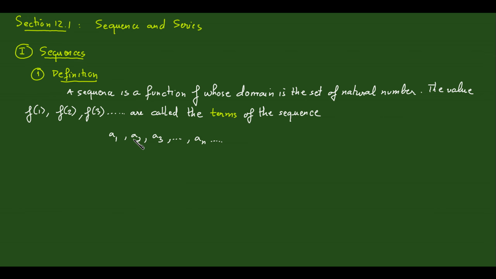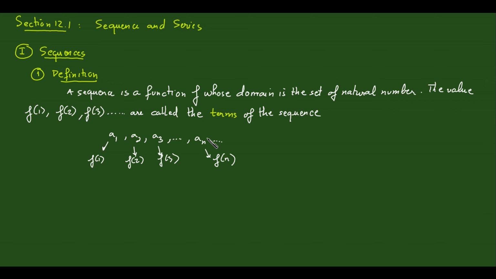So a1, a2, a3, a sub n are the outputs of the function. a1 is f1, here will be f2, here f3, and here f of n. So a1, a2, a3, an are called the terms of the sequence.